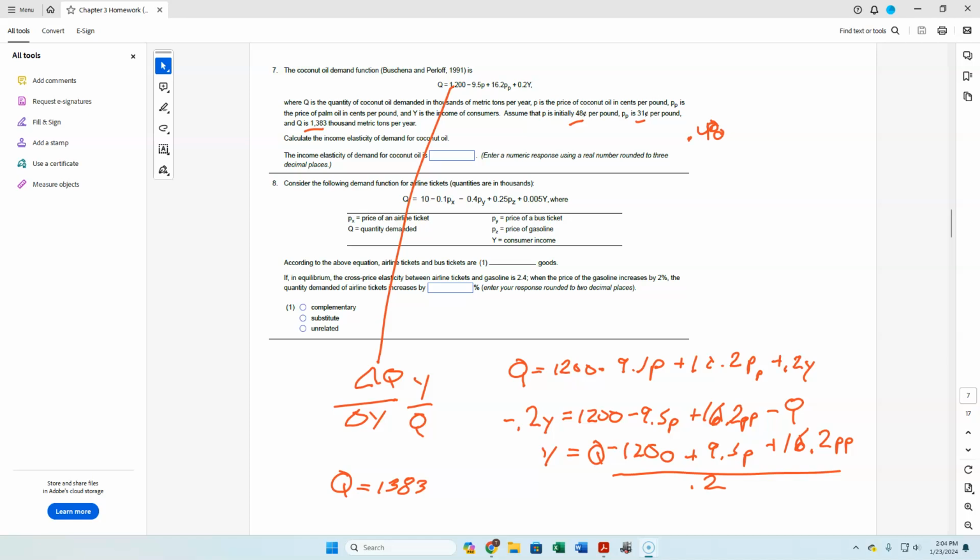So that would mean we then have Y equaling Q minus 1200 plus 9.5 times 48 plus 16.2 times 31, divided by 0.2.